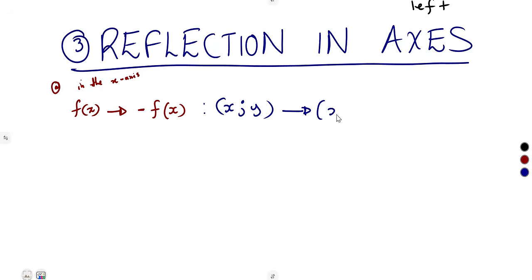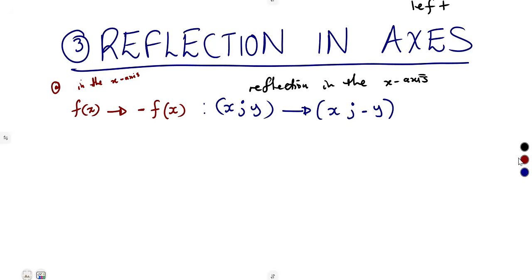It remains the same, but the y value is the one that is affected. It changes to a negative. So you multiply the y value by a negative, that is, the y value changes sign. This is the reflection in the x-axis.